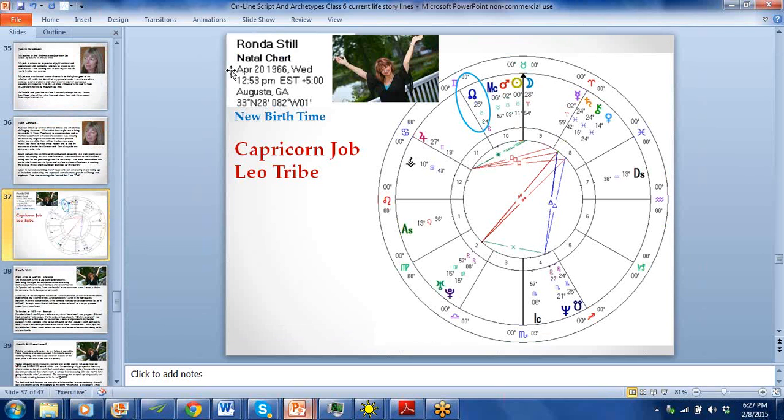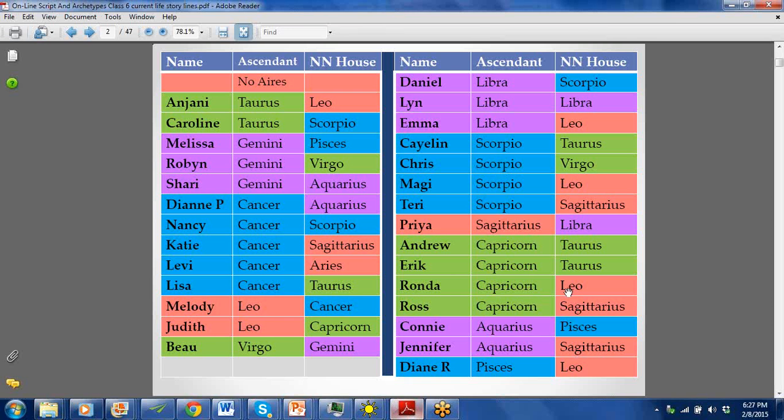Is this what you were wanting me to do, Cayelin? No, I had a message from Rhonda. So basically, I have the correct chart here. She's saying she's Leo rising, not Capricorn rising, but actually she's Leo rising with a Capricorn job, so it's just flipped.